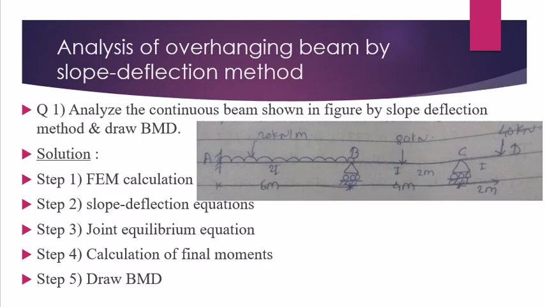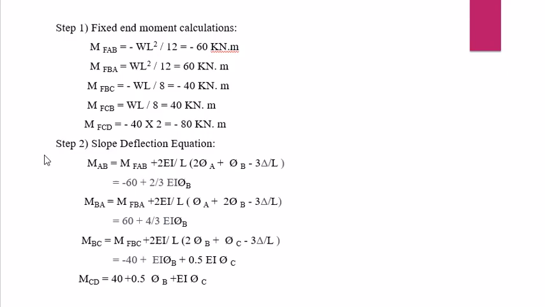Here on beam AB, a UDL is there having magnitude 20 kilonewton per meter, and the span is 6 meters. So put the values in this formula, which is WL square by 12.